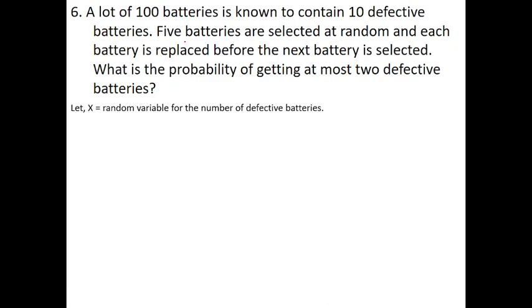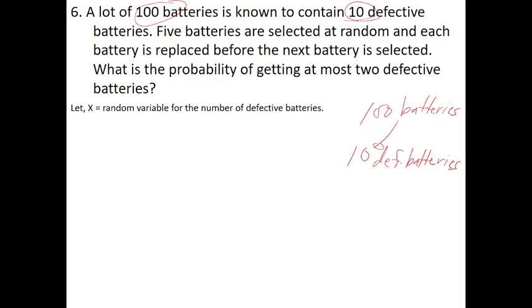Okay, so there are 100 batteries in a lot. 100 batteries, and is known to contain 10 defective batteries. So 10 defective batteries.